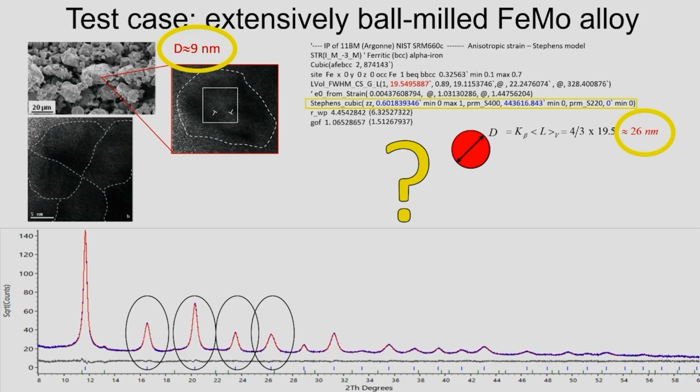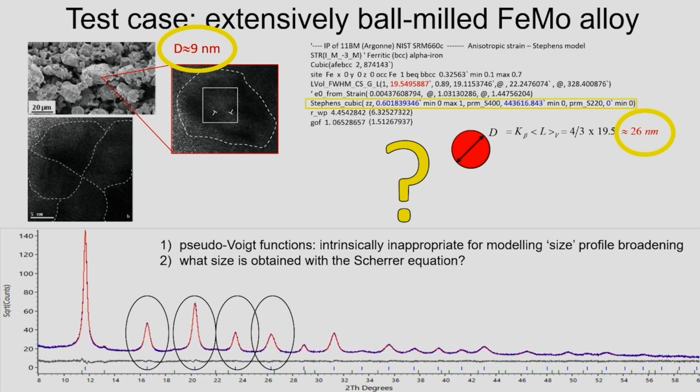The reason why interpretation might not be so obvious and sometimes wrong is, point number one, pseudo-Voigt functions are intrinsically inappropriate for modeling the size broadening. Actually, they are also inappropriate for the strain broadening, but for the size broadening, this is strikingly clear.